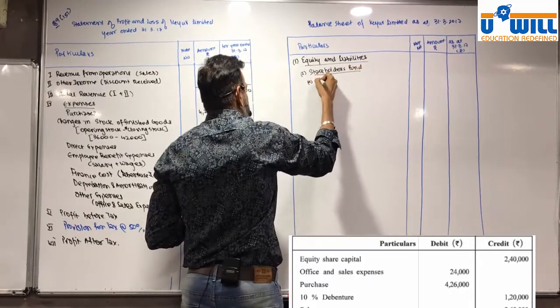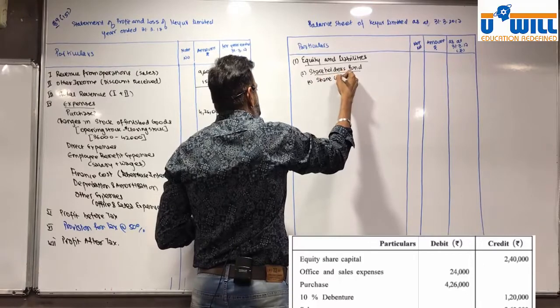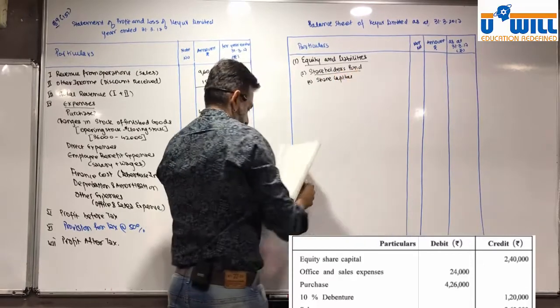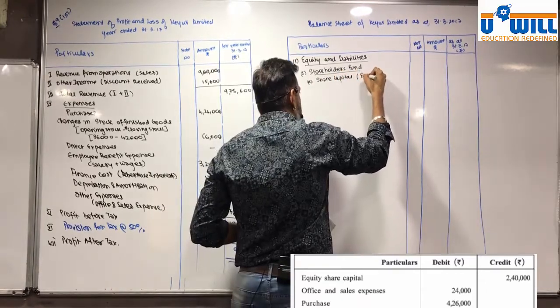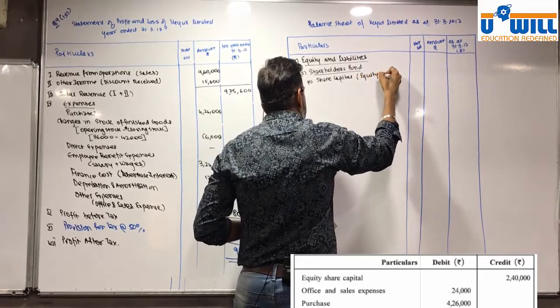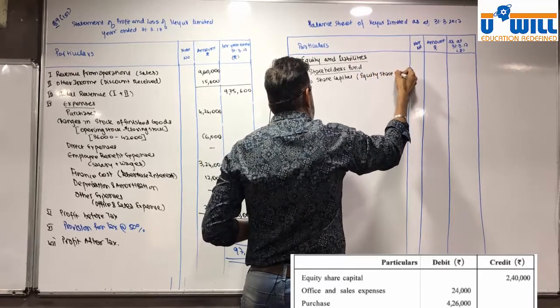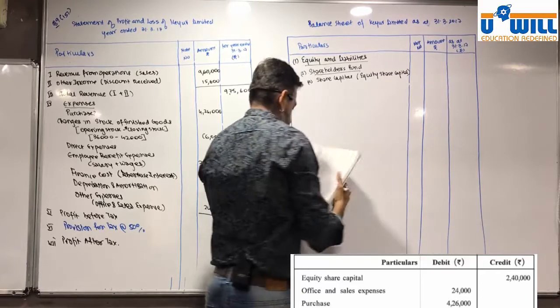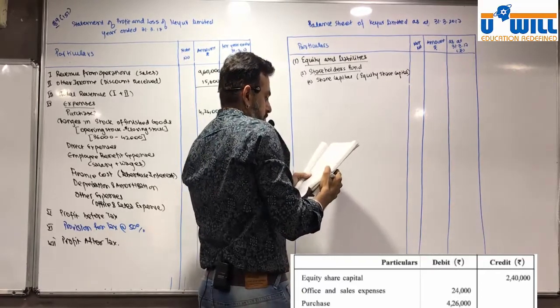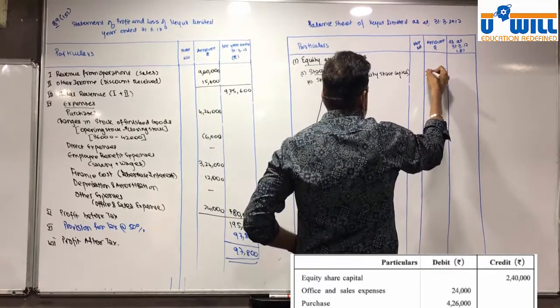A. Share capital, in brackets equity share capital, amount is 2,40,000.